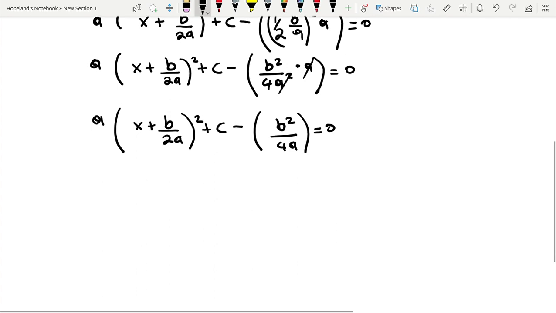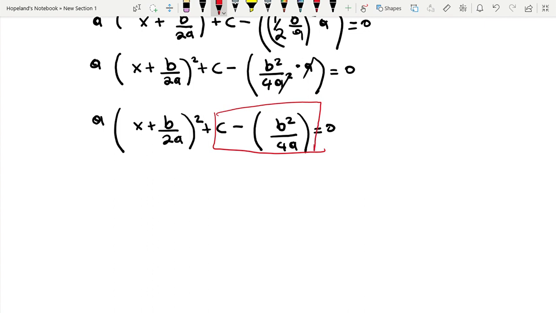So now we want to solve for x. What we'll do is bring both of these to the right side of the equation where 0 is. So we'll have a times the parentheses x plus b over 2a all squared is equal to b squared over 4a minus c.